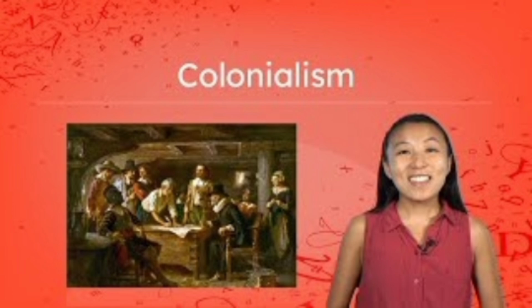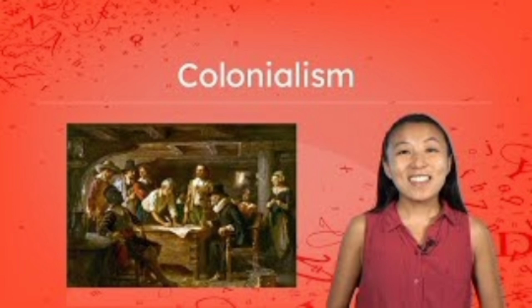This period refers to the time in history when powerful nations expanded their control over distant lands and established colonies. A colony is a territory that is settled and ruled by people from another country. During this period, the ruling nation controlled the politics, economy, and culture of the colony and used its resources for its own benefit.